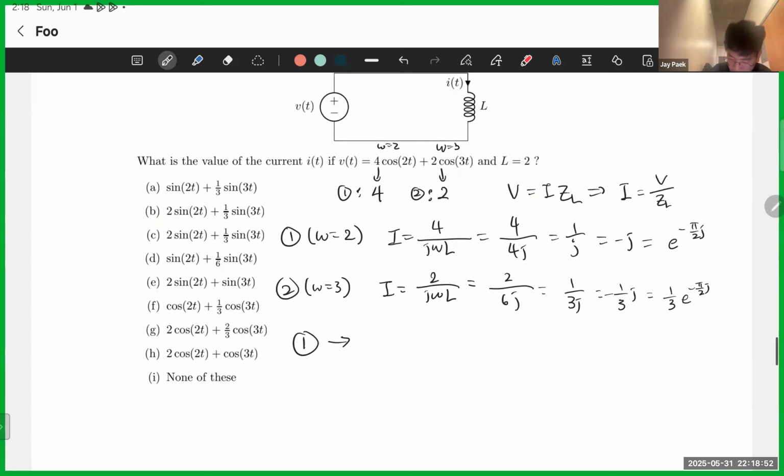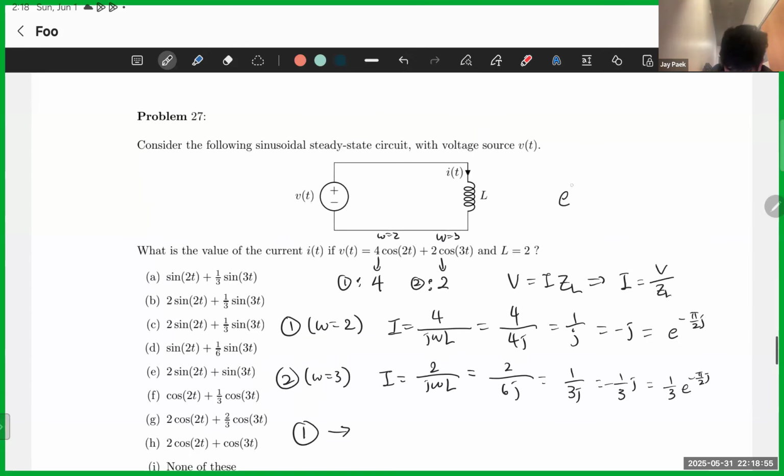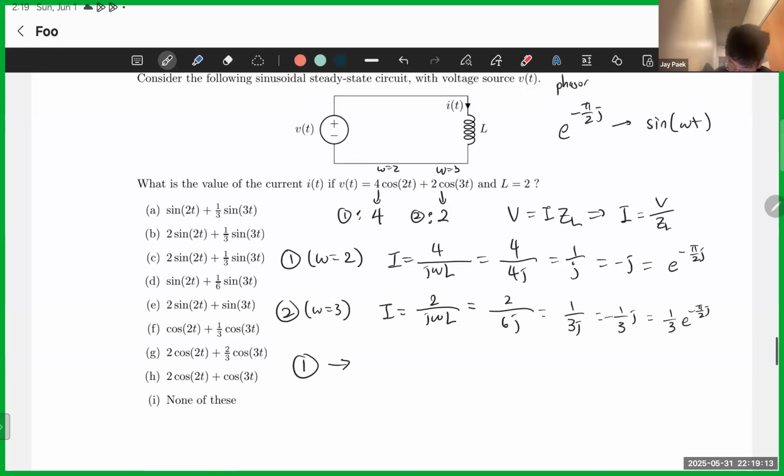So my immediate translation is that this phasor gives us sine of omega t, whatever the encoded frequency is. And so one should immediately just give us sine of 2t, and 2 should immediately just give us 1/3 sine of 3t.